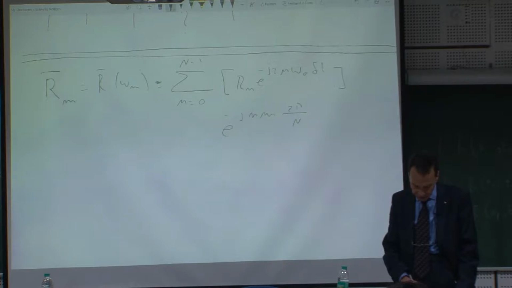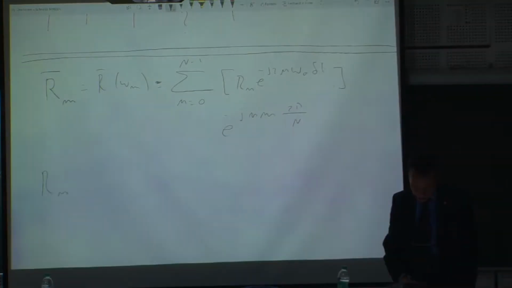The IDFT is Rn is e to the plus j twice n omega naught delta t over N, and then here we have the sum over m equals 0 to N minus 1, Rm e to the plus j n m twice pi over N.